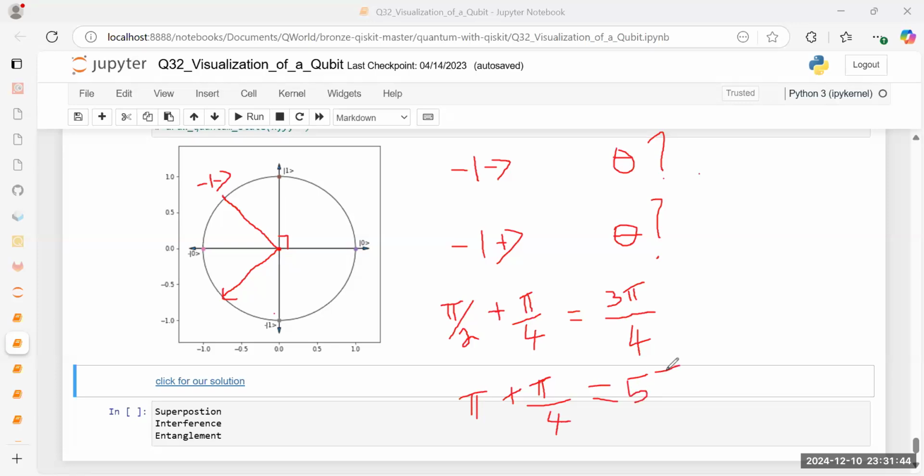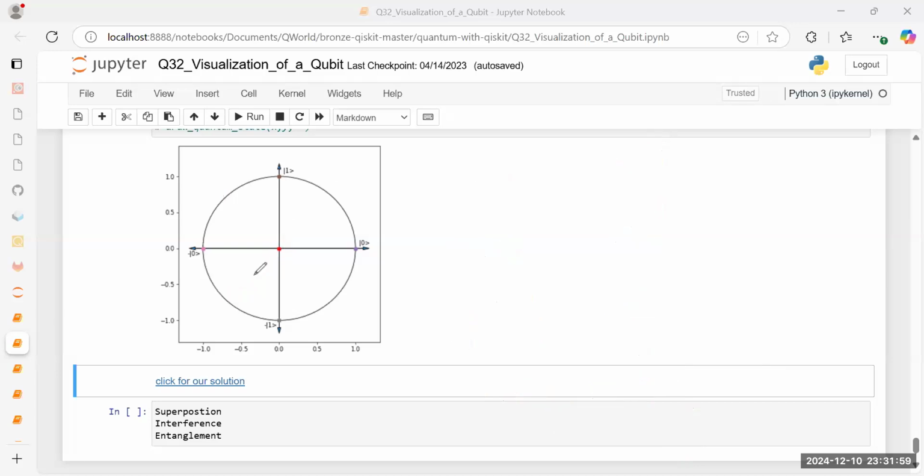So this is correct. Thank you. This is correct. And it's also the same as 225 degrees.